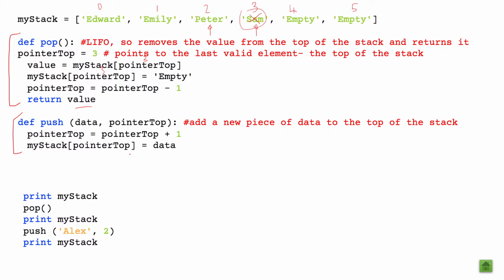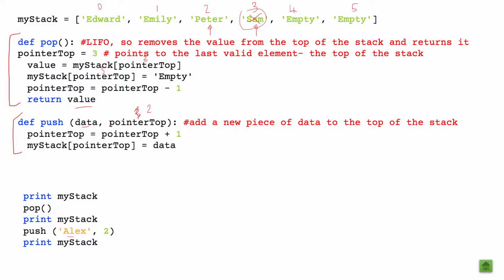Okay. If you want to push data on, you have two parameters. You have the data you want to push on and the pointer top itself. So the position pointer top, once we've deleted it, is now 2. So this is the pointer top. And the data itself here is, it looks like it's Alex later on.